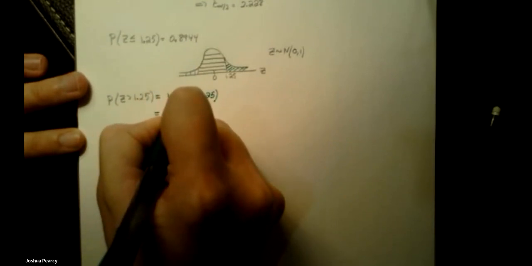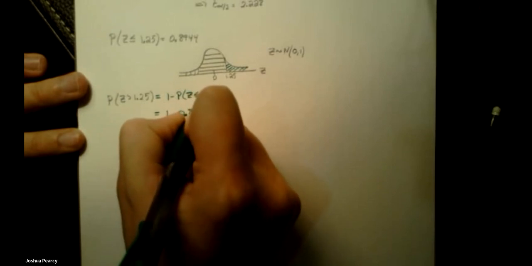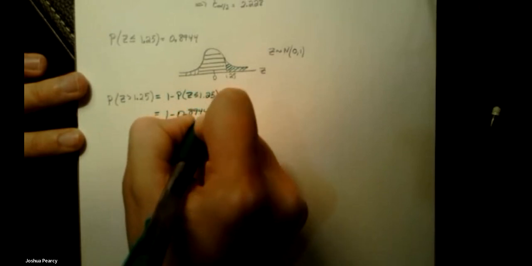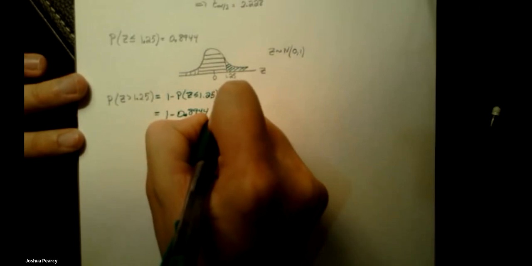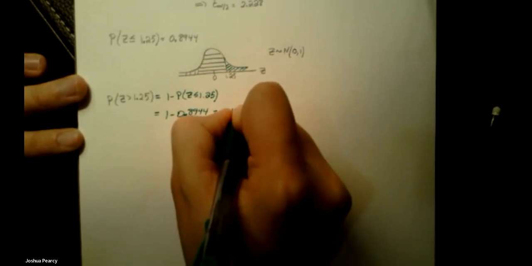So it's just equal to 1 minus 0.8944. And that is equal to 0.1056, I think. Everyone understand how I did those two parts?